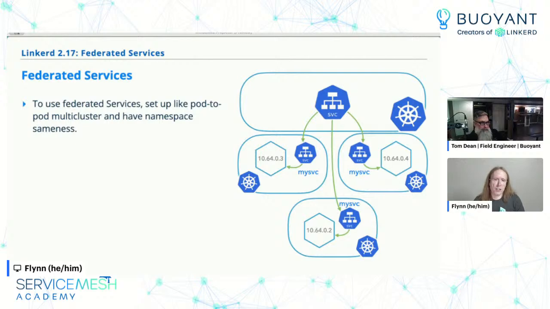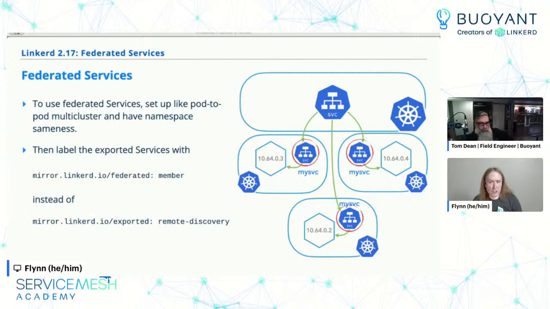If you're trying to do this in a cloud provider, it can range from annoying but not that difficult to impossible depending on your cloud provider. And Tom, I'm sure, can talk about lots and lots of war stories there. But right now, federated services require this pod-to-pod aspect. It won't work with gateway-based multi-cluster at this point.